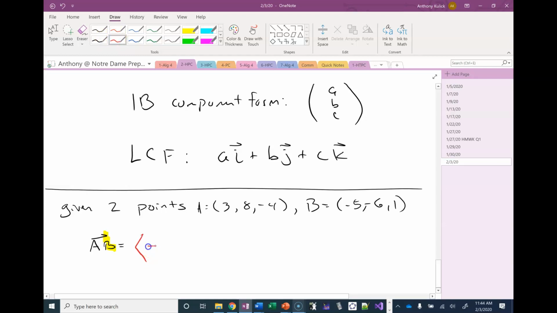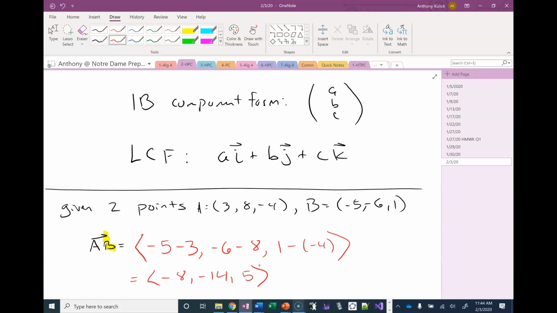So we're going to do -5 minus 3, -6 minus 8, and then 1 minus -4. Everybody okay there?